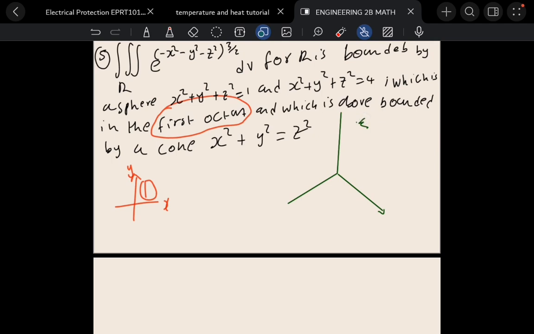So what will you have? You will have a cone of such, and then a sphere, and then again another sphere.